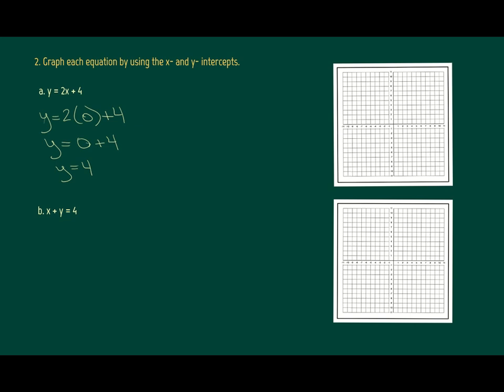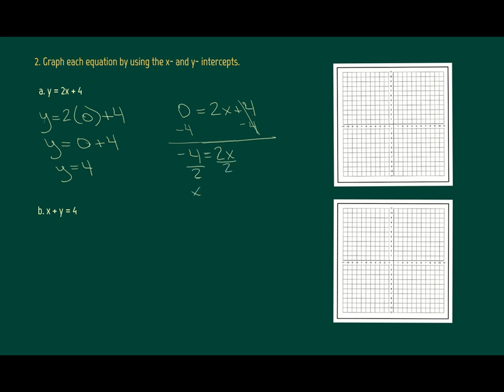To find the x-intercept, I'll plug a 0 in for the y, so 0 equals 2x plus 4. Subtract the 4 from both sides. I'll get negative 4 equals 2x. Just divide both sides by 2.